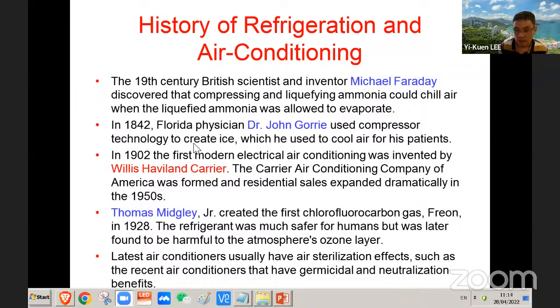As engineers, the important thing is that we want to come up with new ideas, new technology, new design. What do you think? Or are you happy with the current air conditioning system?